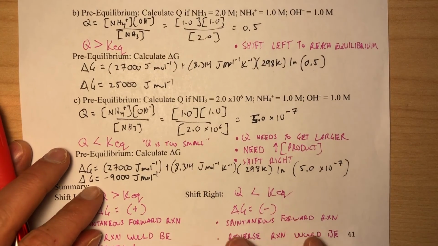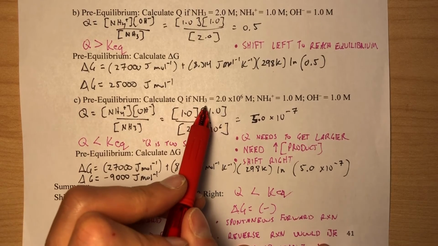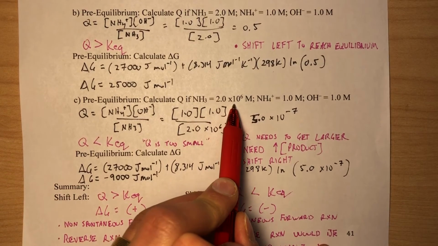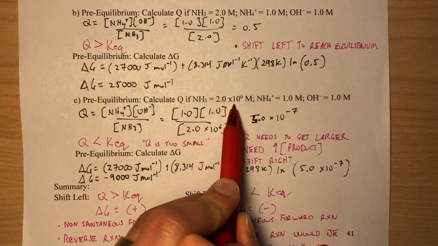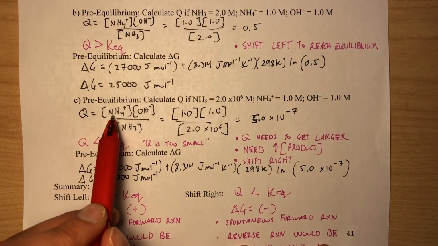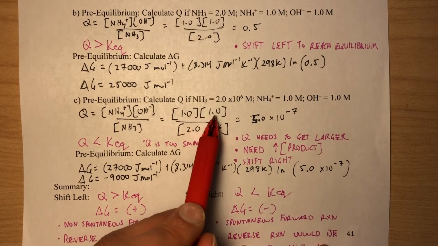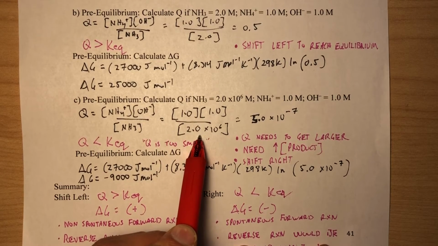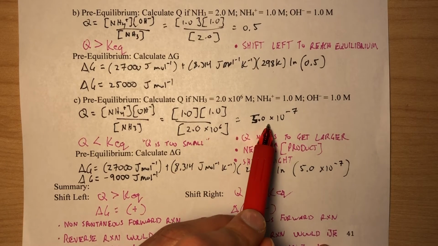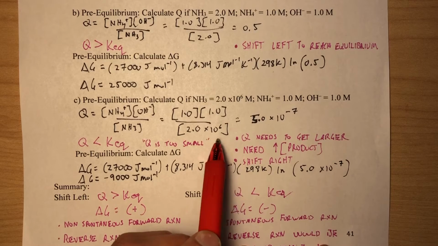Part C, we have a pre-equilibrium situation, and we're going to calculate Q if ammonia is much, much larger, 2 times 10 to the 6th molar. Ammonium is 1, hydroxide is 1. Q is equal to our products over our reactant concentrations, which is equal to 1 times 1 divided by 2 times 10 to the 6th, which is equal to 5 times 10 to the negative 7. We have a really, really large denominator.